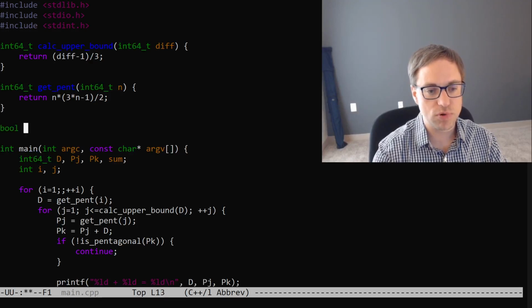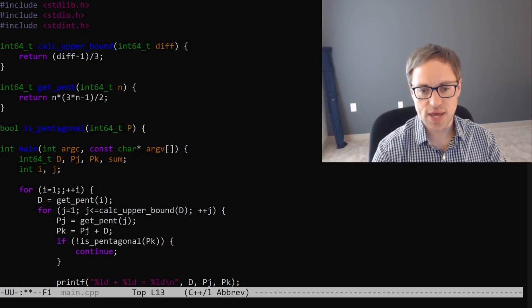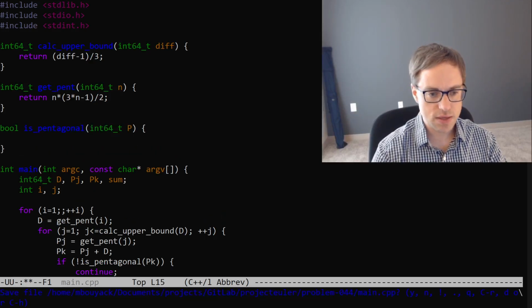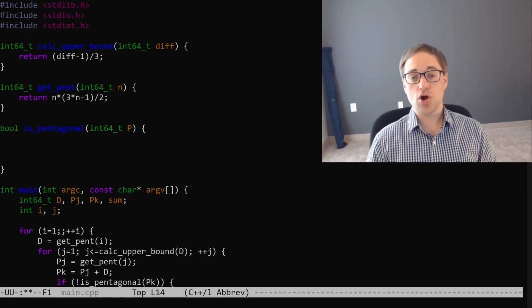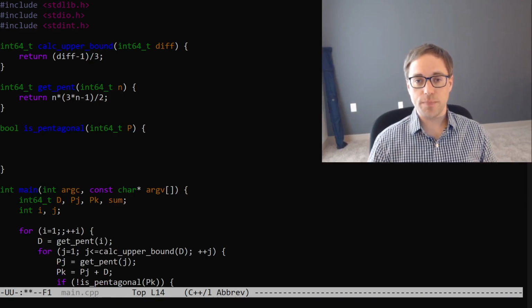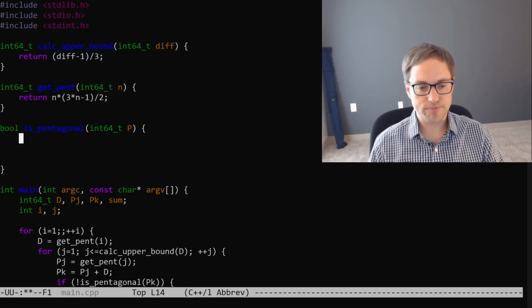So we'll say bool is_pentagonal, int64_t. It's going to take integer p, and we're going to need a large list of pentagonal numbers up to and possibly including the value p.